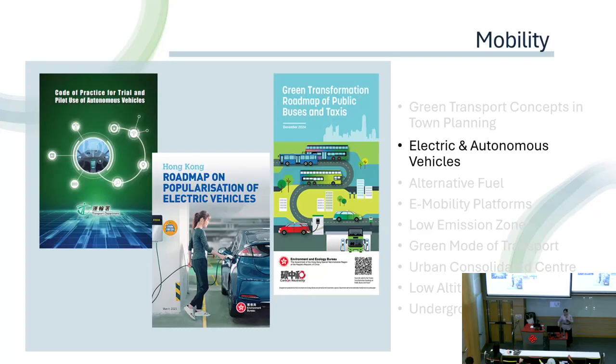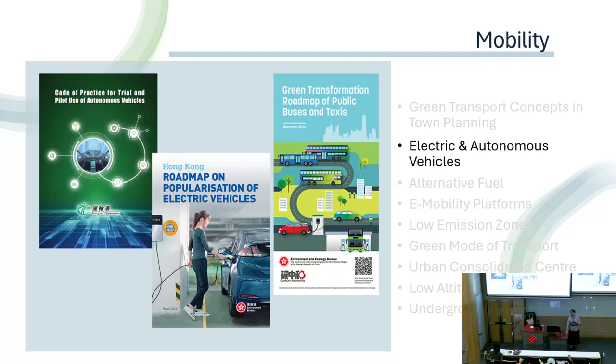So not only do they have the charging, but they also put out the roadmap of how to roll them out. For example, lately the new taxi licenses, those actually have a couple of electrical taxis themselves.